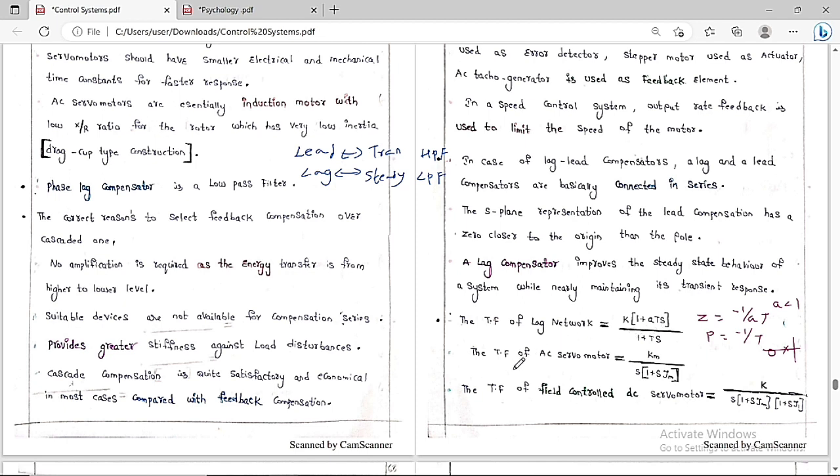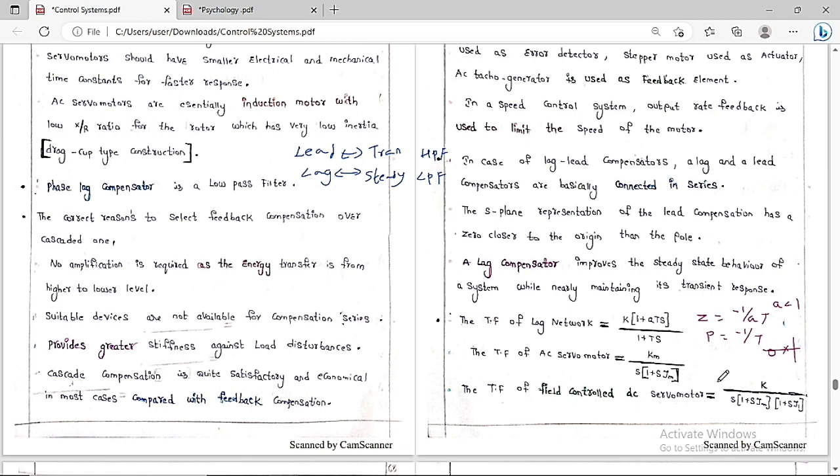The next one is the transfer function of a servo motor, which is Km by S into (1 plus S tau m). I've already told you the transfer function of a servo motor many times.